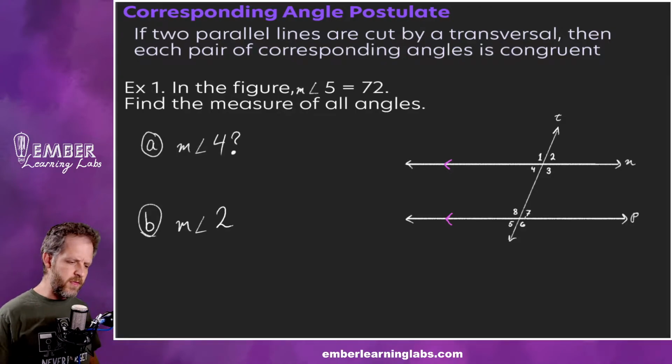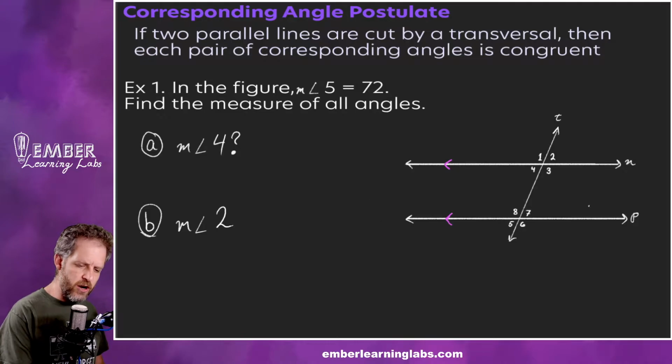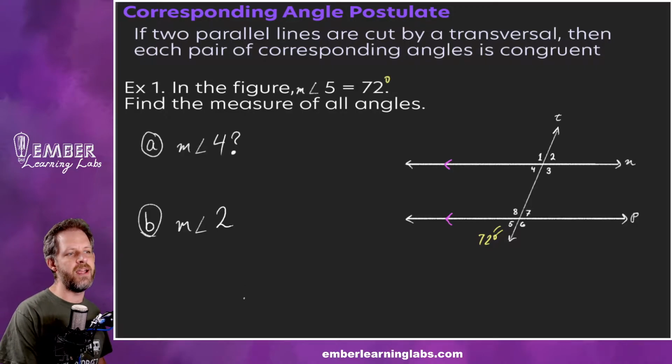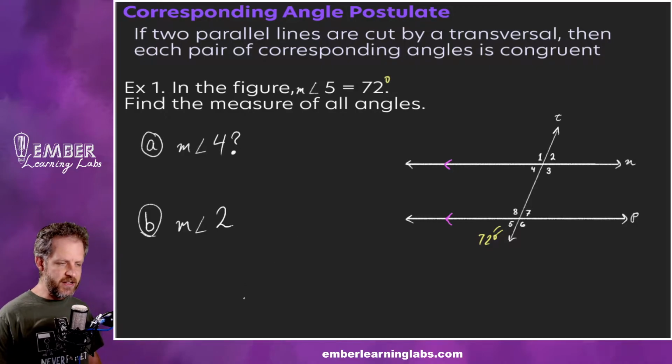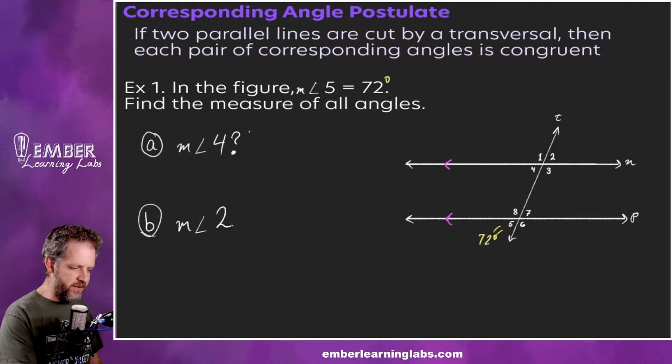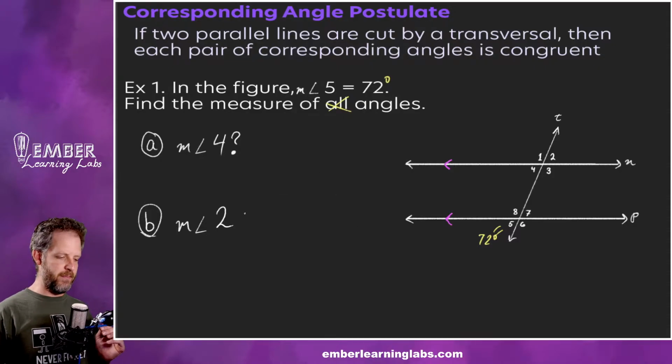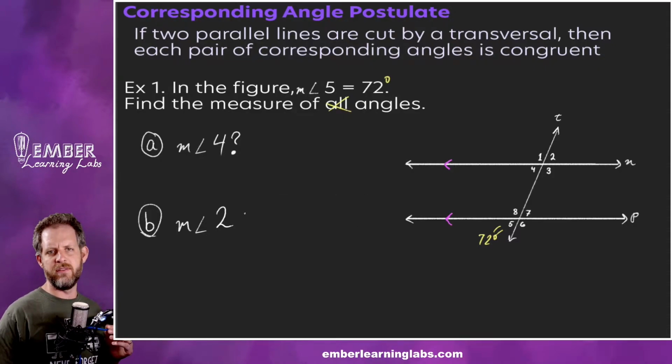For this example, we are told that the measure of angle 5 equals 72. We can put degrees on there to make better sense: 72 degrees. We're asked to find the measure of the given angles.